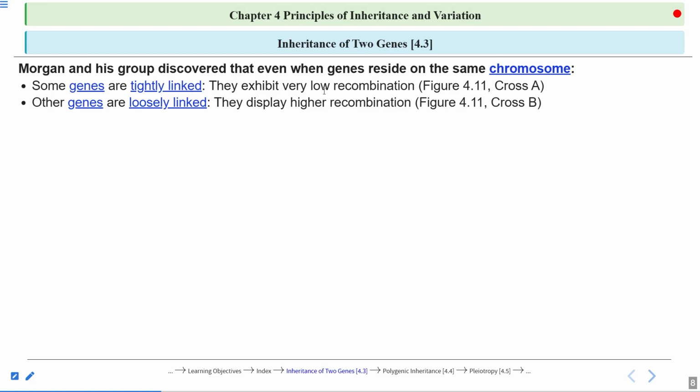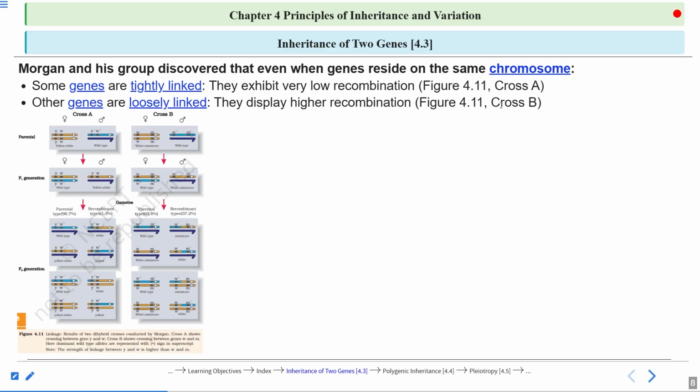Tightly linked genes can be seen in cross A, and loosely linked genes in cross B. When the genes are tightly linked, you will get parental combinations. When the genes are loosely linked, recombinant types will be more as compared to cross A. Tightly linked genes exhibit very low recombination; loosely linked genes display higher recombination.